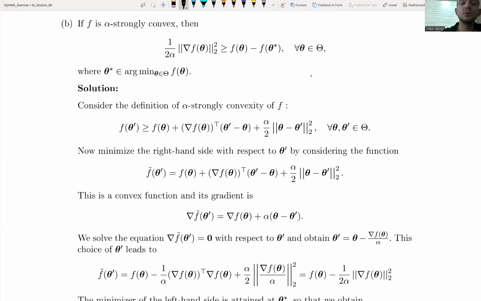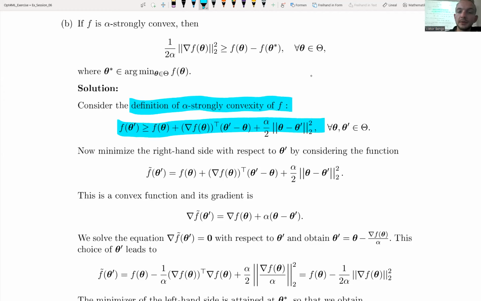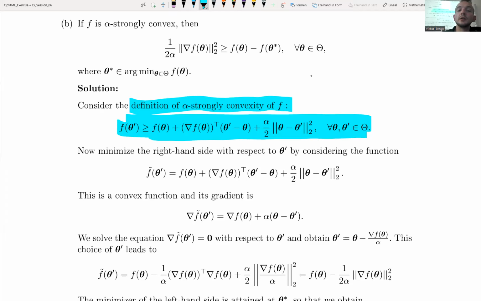Let's see how we can prove this. So the definition of strong convexity, we just saw it before. The function of interest is alpha strongly convex if this quadratic function with respect to theta prime is globally underestimating the function value f of theta.